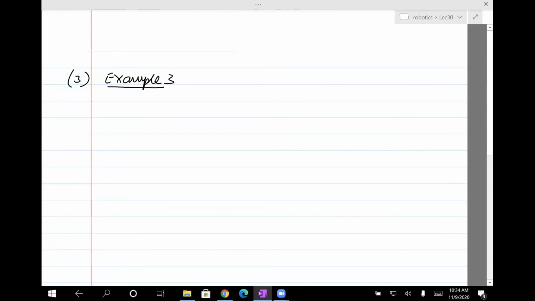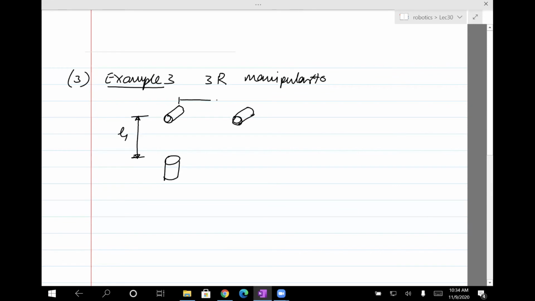Example 3. Again, I'm going to show only joints and not the actual links because that will clutter the whole figure. But this is good enough for us to do the DH. Here is a 3R or 3 revolute joint manipulator, where this length is given, and then this length is given, and then the end effector is somewhere here, so that length is also given.